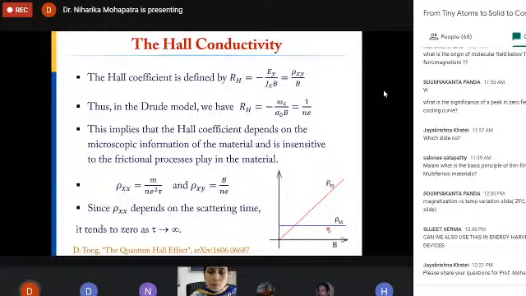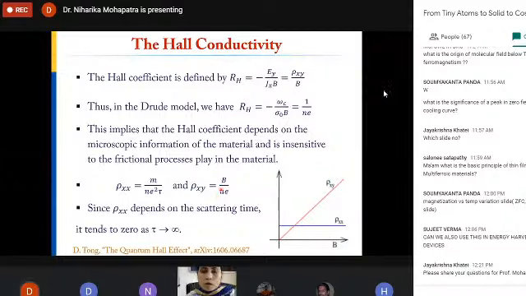The point to be noted is that rho xy is linear with B and rho xx is constant. Rho xx is dependent on the scattering time tau, whereas rho xy is independent of any extrinsic parameter. It is dependent only on B, the applied field, and N and e, where e is the charge and N is the effective carrier density.